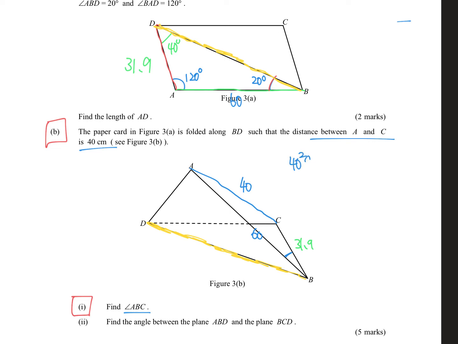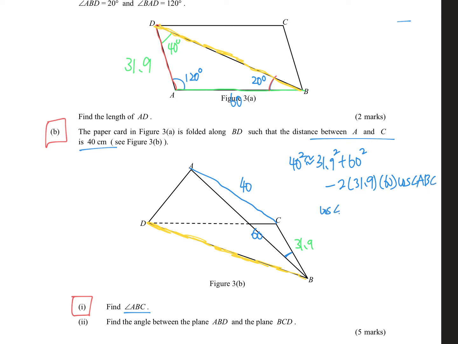40 square approximately equals 31.9 square plus 60 square minus 2 times 31.9 times 60 times cosine of angle ABC.